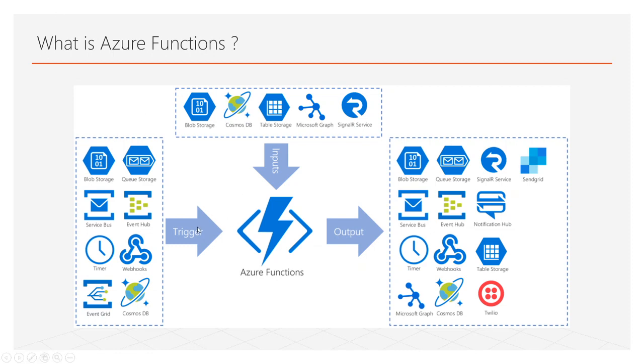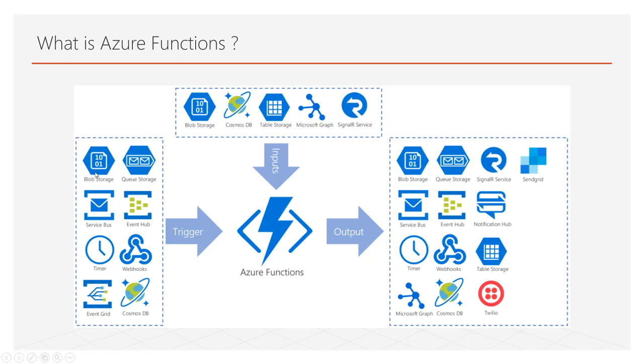Now this is a small image I have taken from Google. What it is showing is the Azure function, and there will be a trigger, an input, and an output. Remember one thing, to run an Azure function you need at least one trigger. That can be blob storage, queue storage, or service bus.